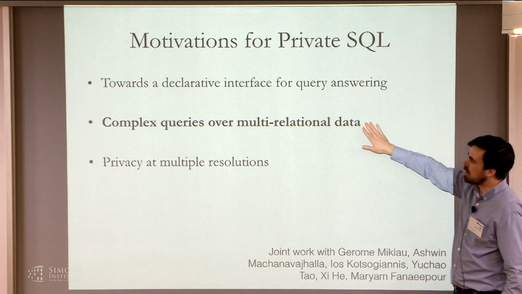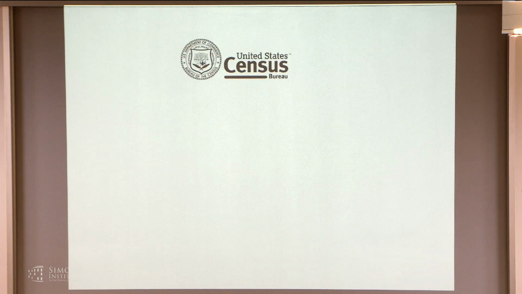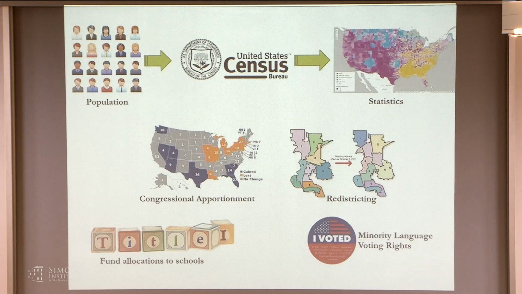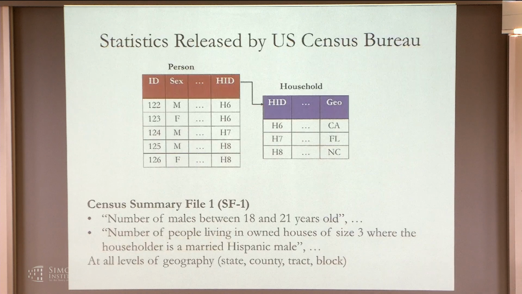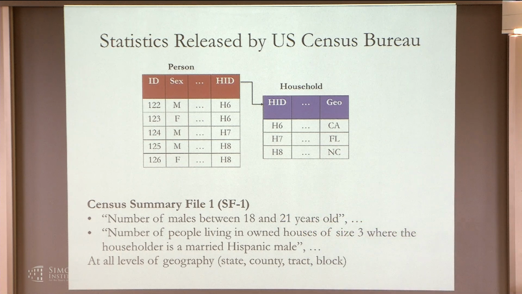So one is that we're seeing in practice very complicated queries over multi-relational data, and I'll use some census examples to illustrate this. The census collects data and computes a variety of statistics that can be used for lots of applications. One of the products is Summary File 1, which contains both statistics about individuals, but also statistics about households and people living in the households.